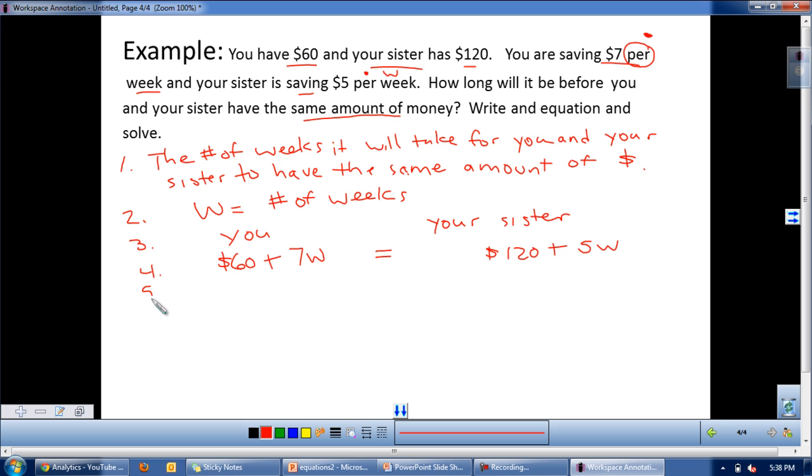The next step is to solve our equation. Looks like we have variables on both sides. What I'm going to do is box my variables and decide where I'm going to bring all my variables. We said that it's usually best to bring over the smaller variable. So we're going to bring over 5W. And since it's positive 5W, to bring it over, we are going to subtract 5W from each side.